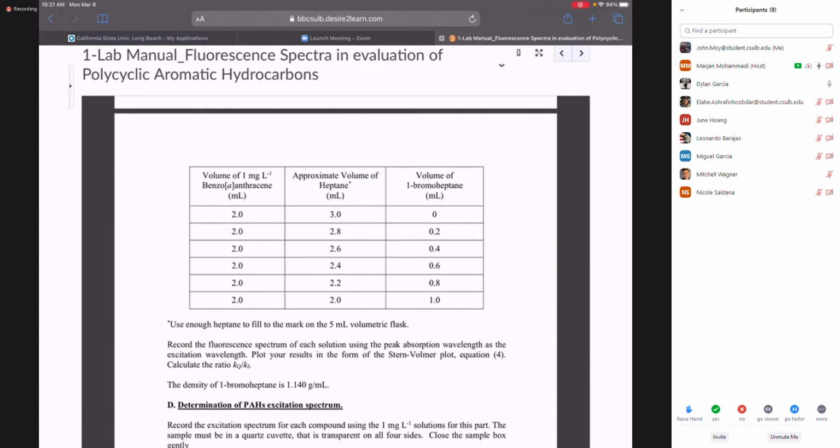What is a quencher? In the fluorescence machine, you are giving light to the sample, and the molecules get excited and go up. When they come back in regular fluorescence, we get the fluorescence peak with a certain intensity.